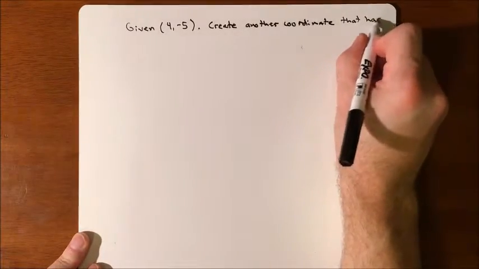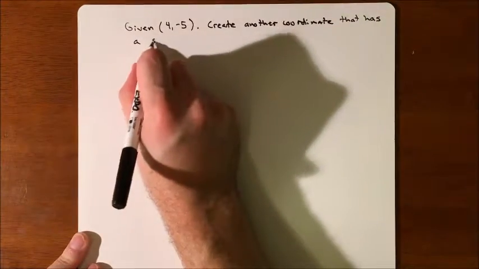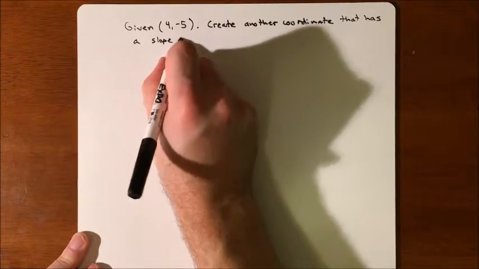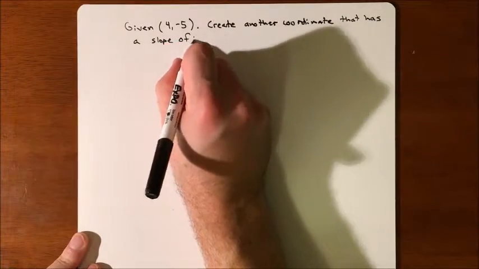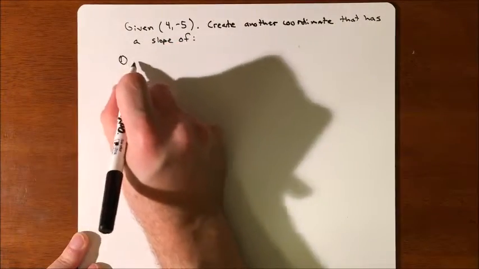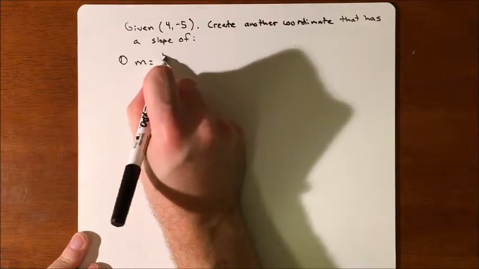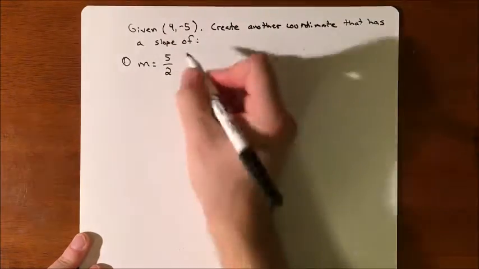That has a slope of whatever the situation is. So for the first one, we're going to be looking for a slope of 5/2.